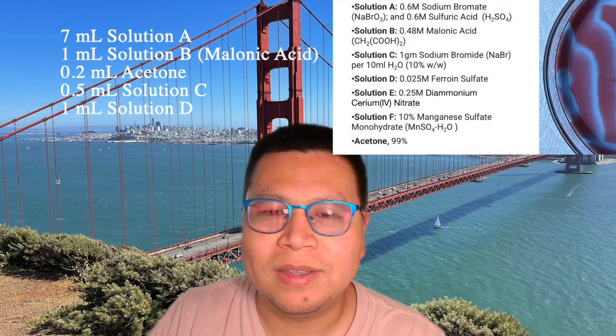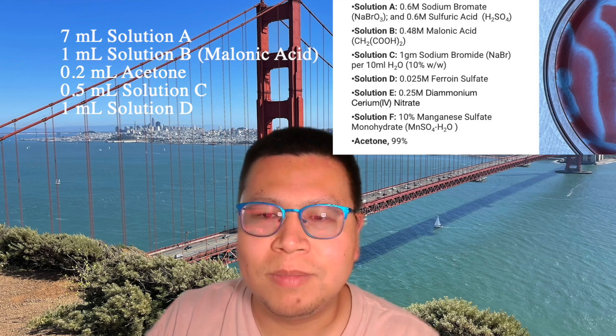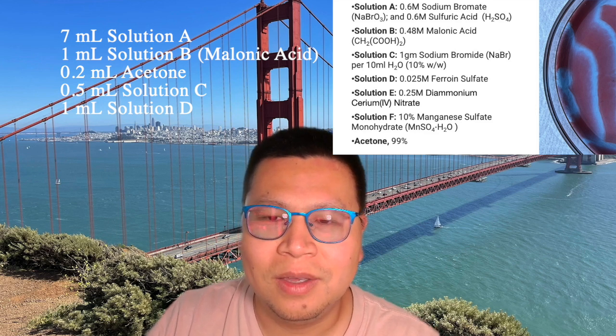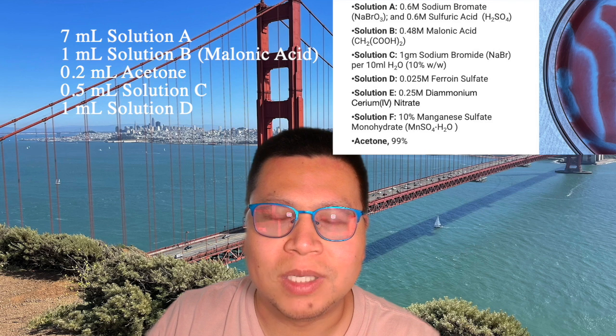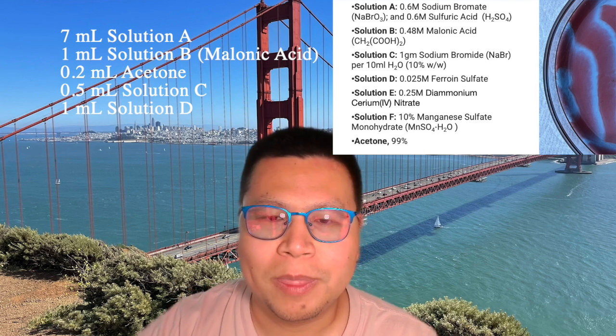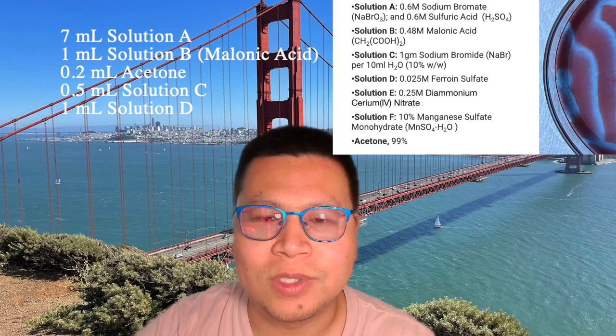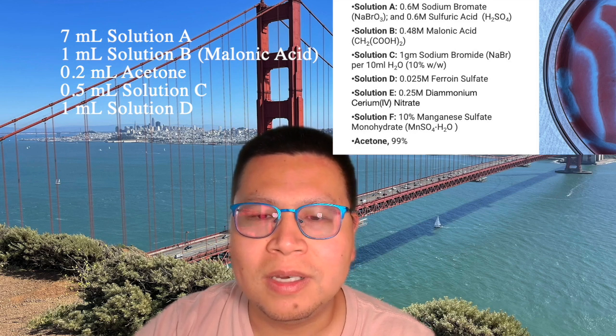So, in a separate experiment, I've made a petri dish with 7 ml of solution A, 1 ml of solution B, 0.2 ml of acetone, 0.5 ml of solution C, and 1 ml of solution D.